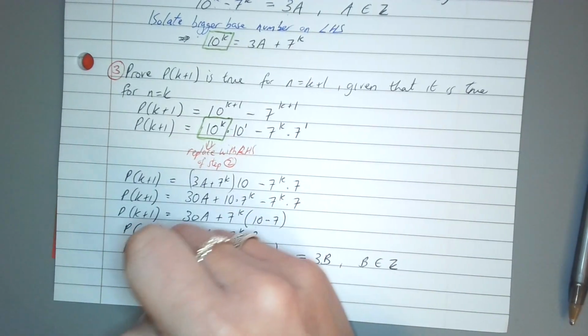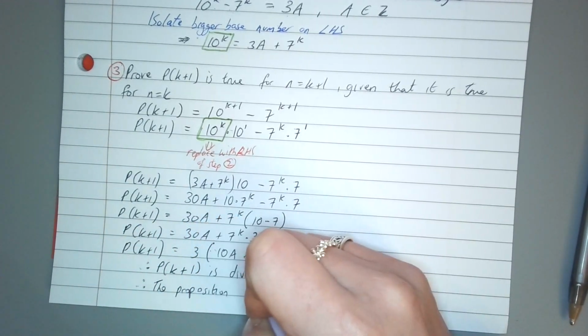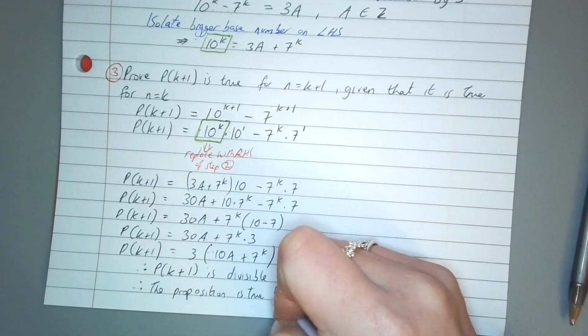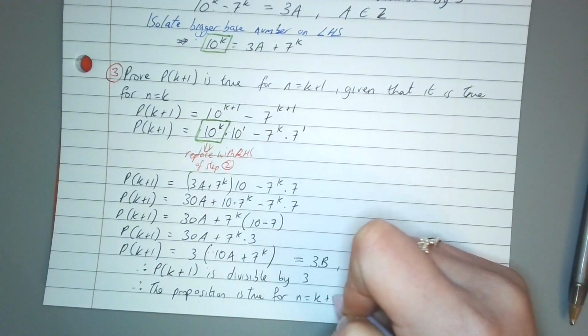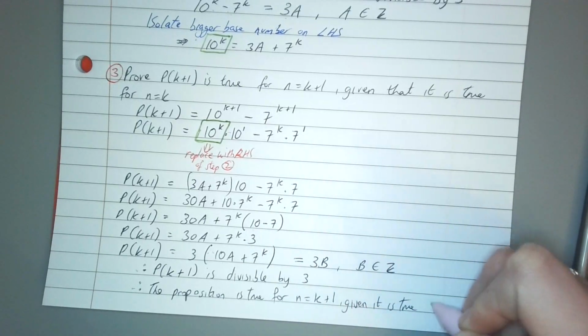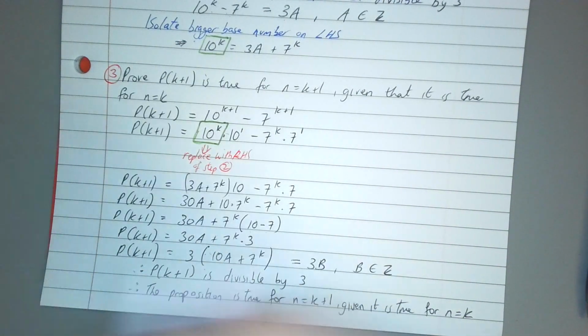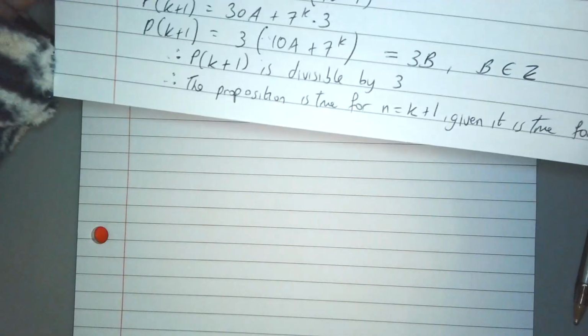And then we're saying the proposition is true for n is k plus 1, given it is true for n is equal to k. And then we're going to write our conclusion for that question. So that was the conclusion for part 3.